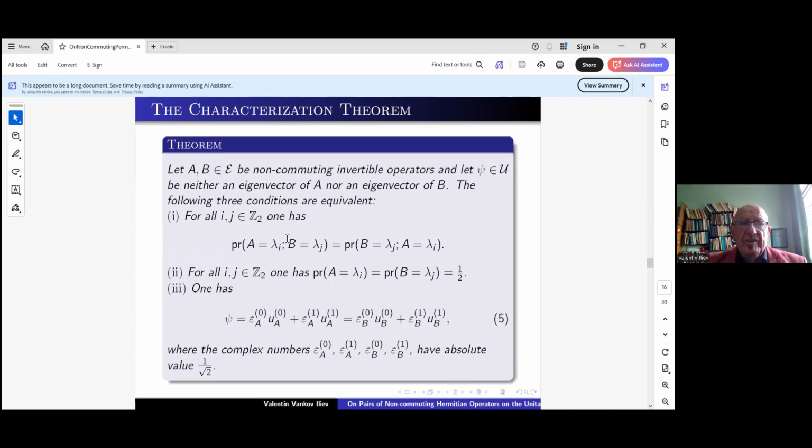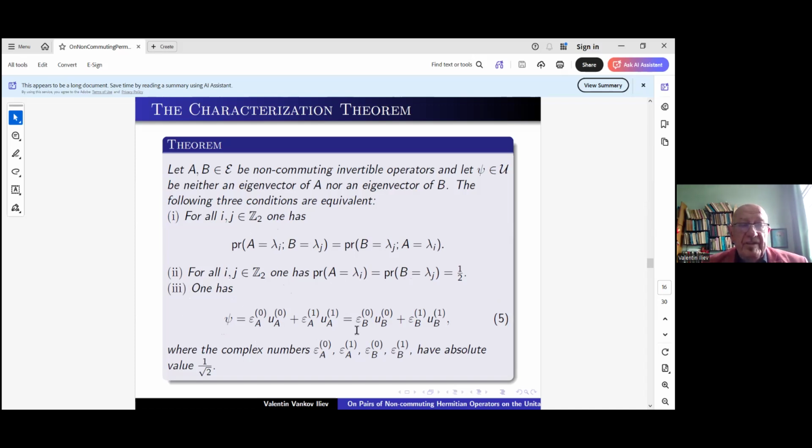For all i, j in the field Z2, we have this equality. This means that the measurements A and B are permutable by definition. The second equivalent condition is that all probabilities of the events A equals lambda I and B equals lambda J are 50%, one half.